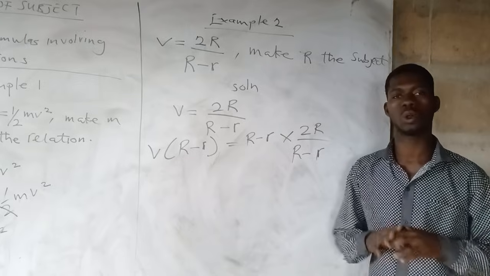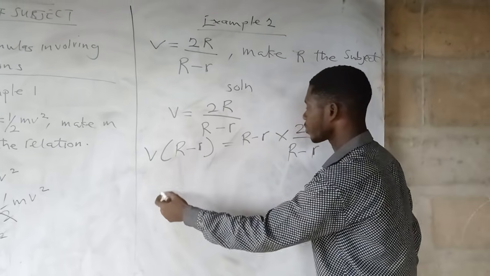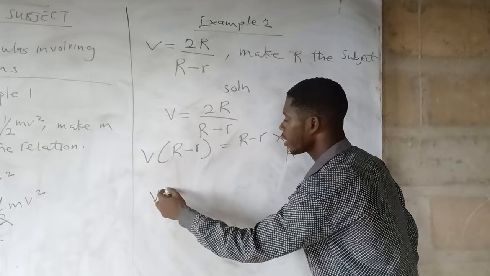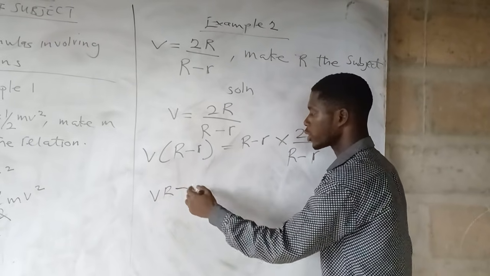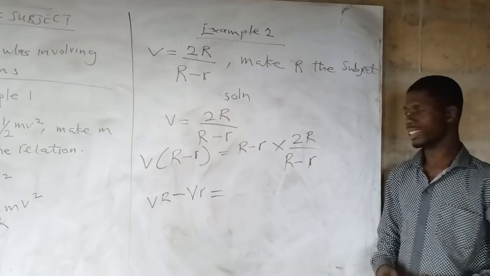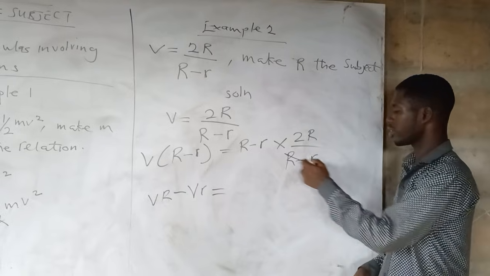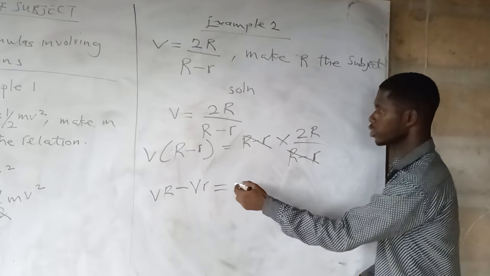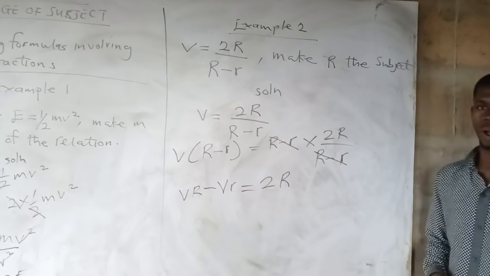So that is what you are going to do first. Okay. So now for here you get V in R, because you expand the bracket, right? V in capital R minus V in small r equal to, but when you come to the right hand side, this one will cancel this one. So we get 2R. I hope you are okay.